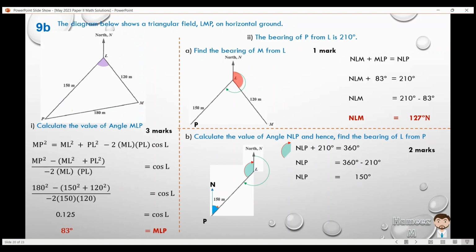And if we have a transversal connected to two parallel lines, it means that those two interior angles, or we call them co-interior angles, when we add them up, will be equal to 180 degrees. They are supplementary. So the blue angle and the green angle in total is 180.